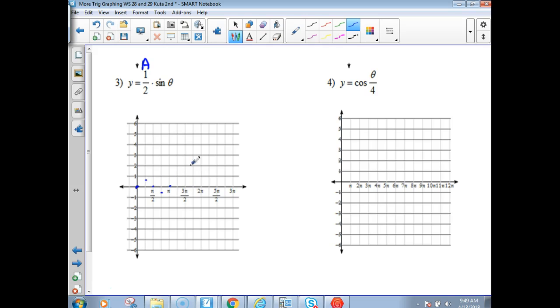Oh, the period is 2 pi. I made it too narrow. I just did a period of pi. I need to extend that. Oh, now I went up to 1. Stupid teacher. Only 1/2.